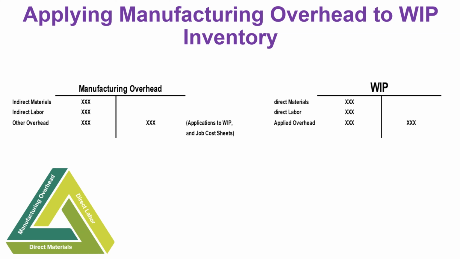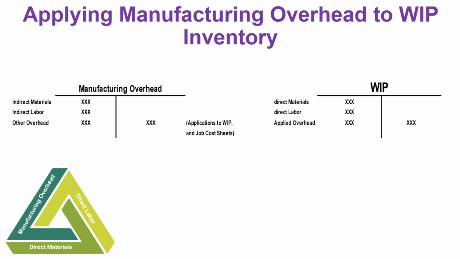Now including in work in process inventory, we've already accounted for direct materials and direct labor. And now I'm saying at the end here, we're going to take all these manufacturing overhead costs and put them into work in process.